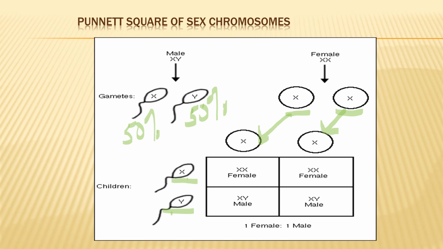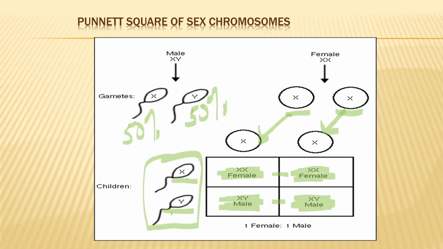If it's a sperm with the X chromosome, you'll have two X's and the offspring will be a female. If it's a sperm with a Y chromosome, the offspring will be a male. So you have about a 50-50 chance of having either a female, because these two would be females, or a male. And it's really the sperm that determines the sex of the offspring, because females only have X's. So it's whether that egg is fertilized by a sperm with an X chromosome or a sperm with a Y chromosome.